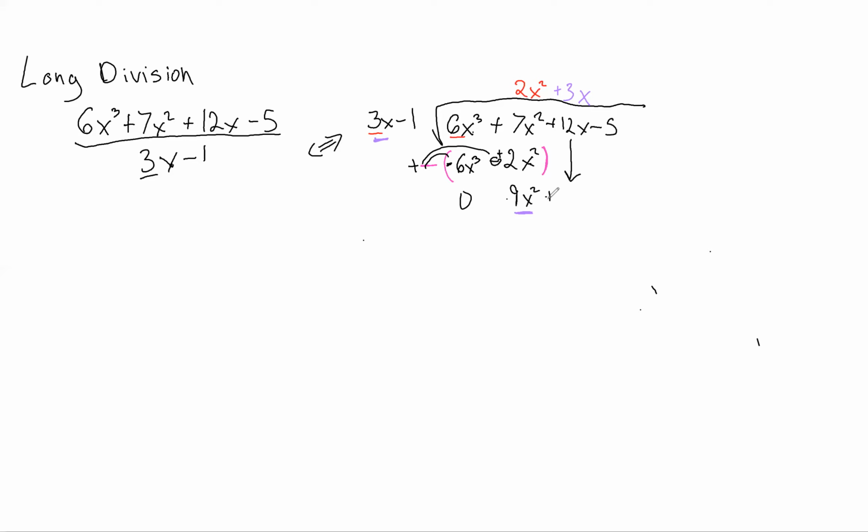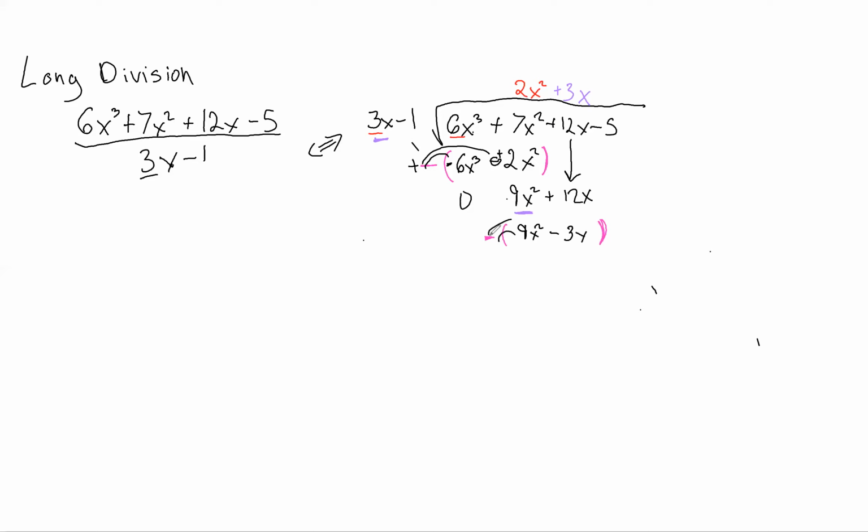I'm going to bring this plus 12x down because I'm carrying the next term just like in long division. And I put this parentheses to remind myself to distribute and then add, or to change the signs, whichever way is more helpful for you to think about. So I take 3x times 3x, which is going to be 9x squared. 3x times negative 1 is negative 3x.